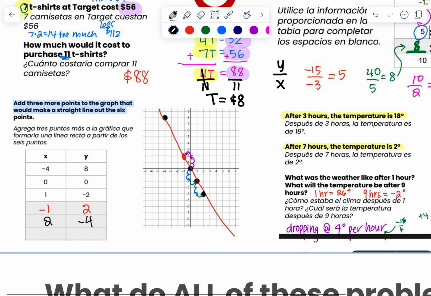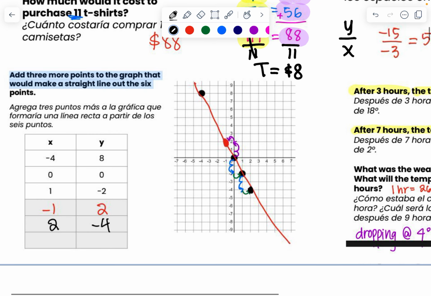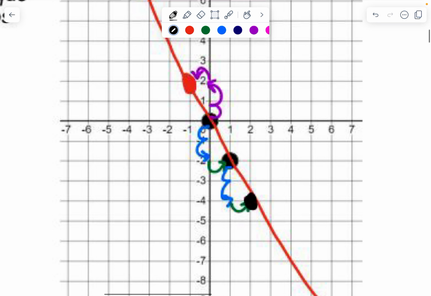The next example said to add 3 more points to the graph. The black points were already there. That would make a straight line out of the points. And so there were a couple of different strategies. Most notably, though, students started to notice that from one dot to the next, what was happening here is we were going down 2 over 1, down 2 over 1.